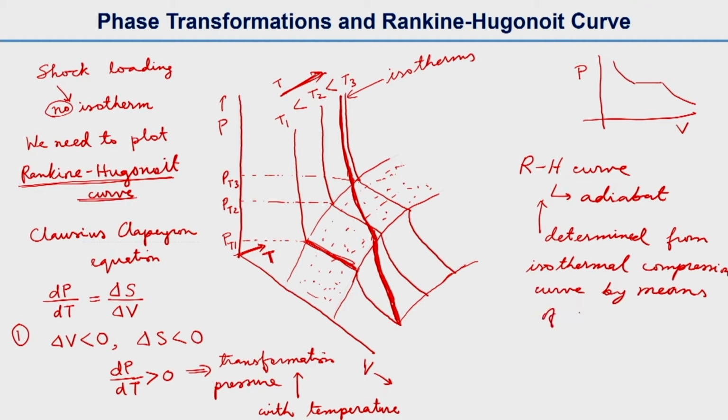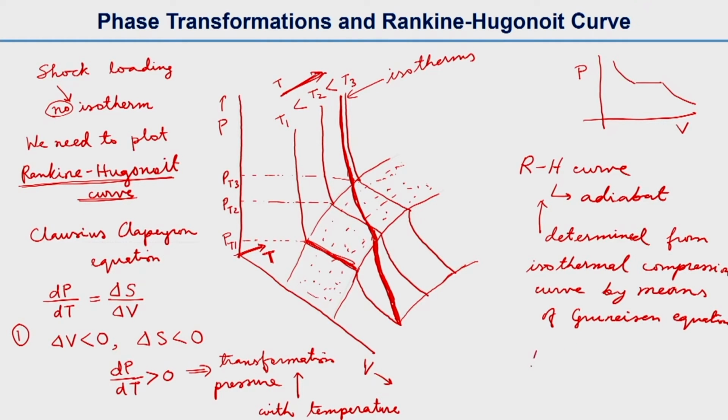The Grüneisen equation is something like, if you remember, P minus the pressure at absolute 0 Kelvin equals the Grüneisen constant divided by V, times the internal energy E minus the internal energy at absolute 0. So this is the Grüneisen equation of state. From there we can determine the Rankine-Hugoniot curve.